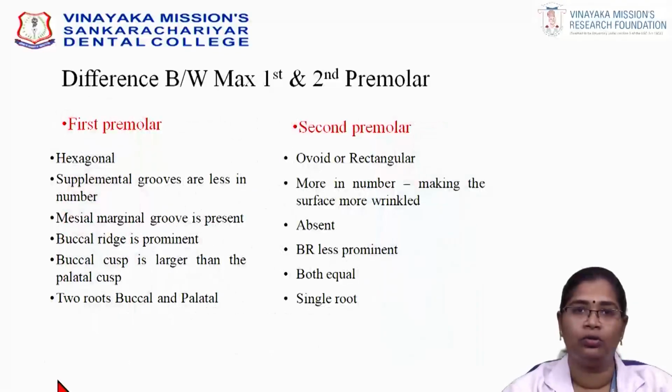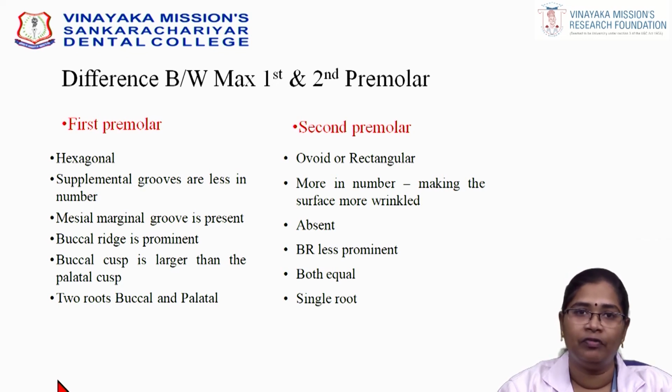So let us conclude with the differentiation between the maxillary first and second premolar. There are certain features that show a marked difference based on the anatomical landmarks and the shape. First, the maxillary first premolar is hexagonal in shape, whereas the second premolar is ovoid.